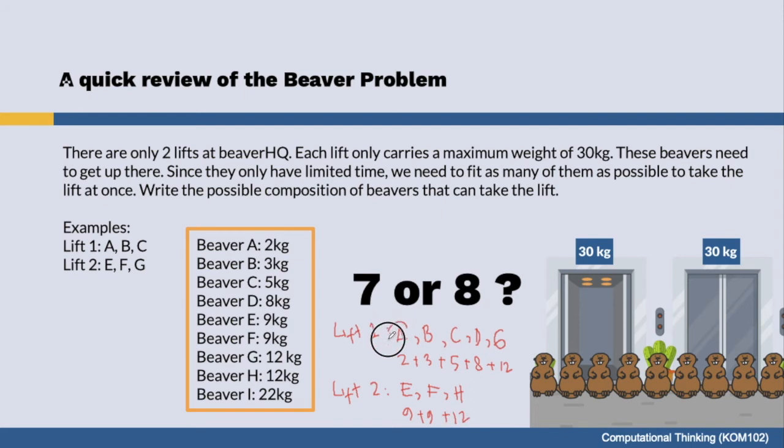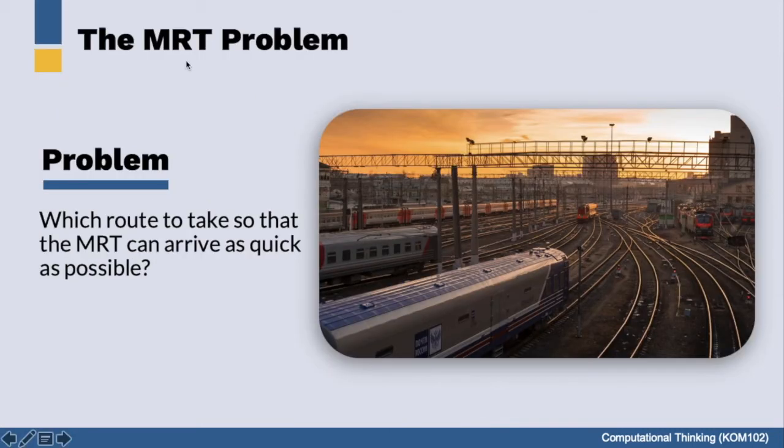And how many beavers do we have now? 1, 2, 3, 4, 5, 6, 7, 8. Wow, 8 is more than 7. Well, this will be a better solution then, right? Again, what I want to show you is that greedy is fast, but it does not guarantee the best solutions to obtain. Right, now let's move on to the MRT problem.